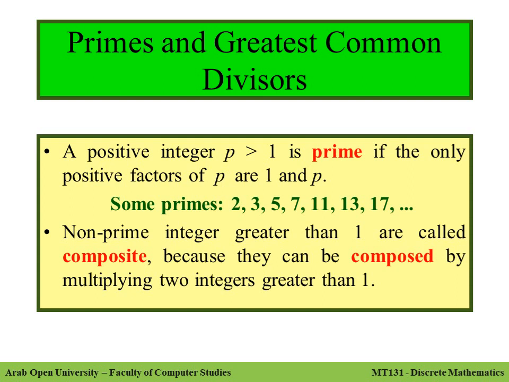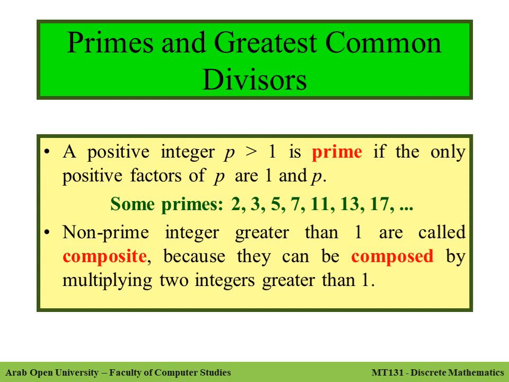We only consider positive integers greater than 1 to be prime. A number is prime if the only factors are the number itself and 1. In another way, p is divisible only by itself or by 1.